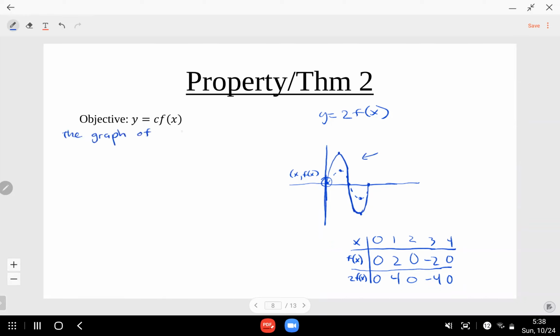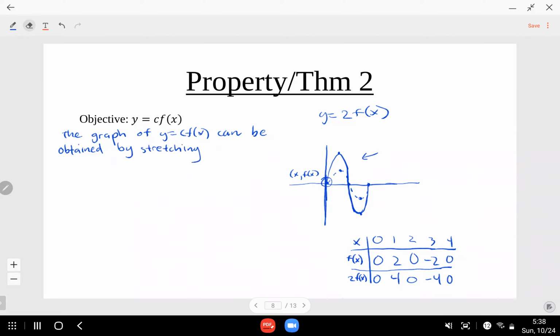The graph of y equals cf of x can be obtained by stretching or compressing, right? You can compress too.